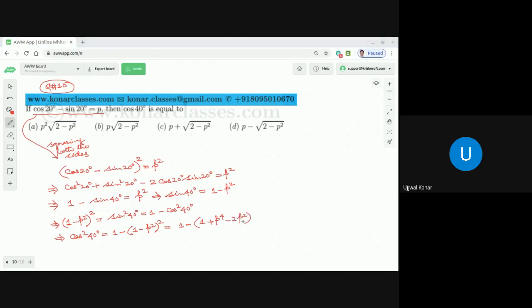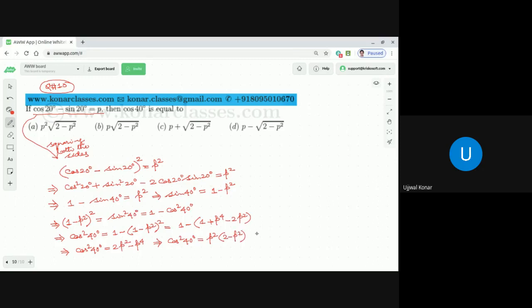Correct or not, dear students? So that is equal to 1, and minus 1 will get cancelled. So we will get 2p square minus p power 4. So from here we get cos square 40 degree equal to 2p square minus p power 4. This implies cos square 40 degree is equal to, if we take p square common, p square into 2 minus p square.